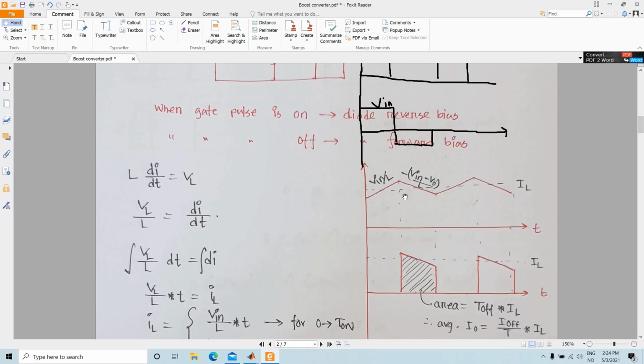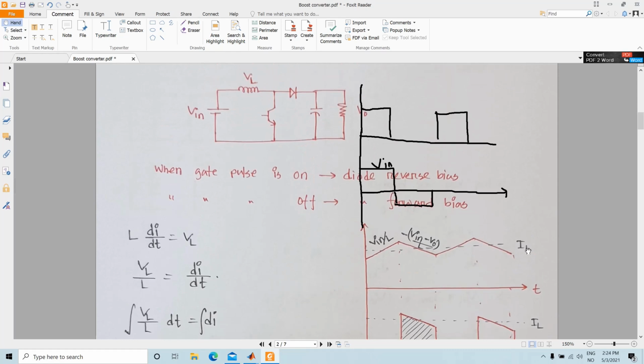So if we see, then we can notice that there is a DC component in the inductor current, which we normally denote as IL, capital I L. That means this represents the DC component. Now this capital IL is the same as the input current.